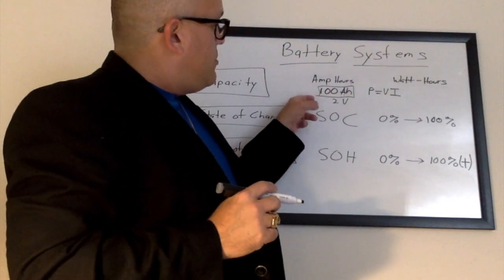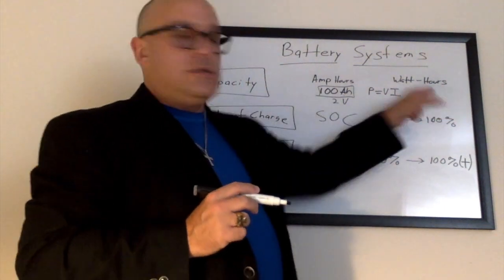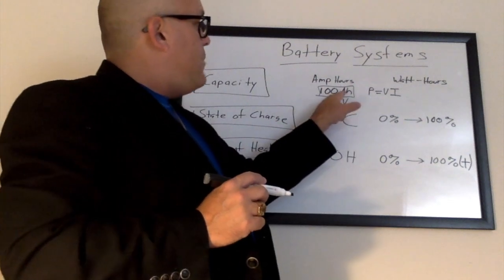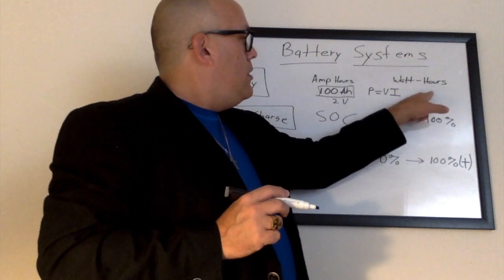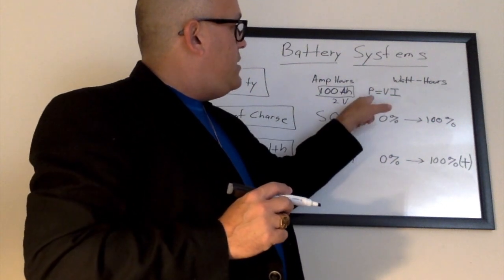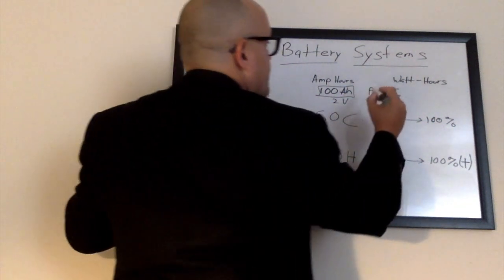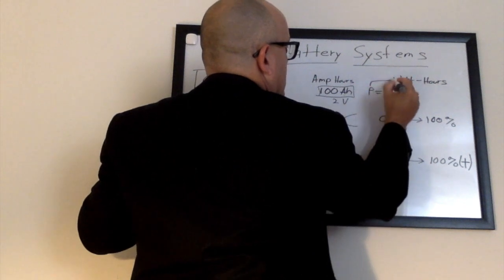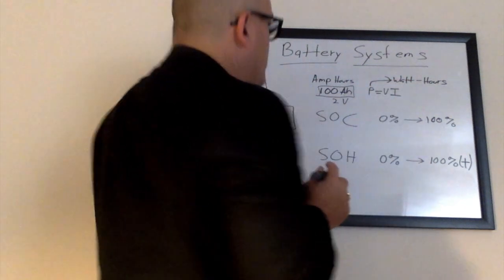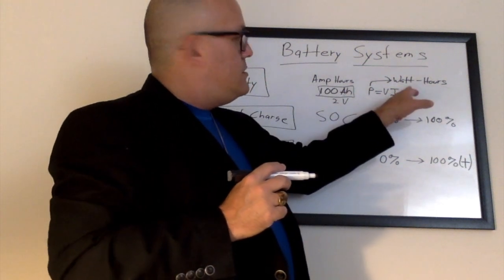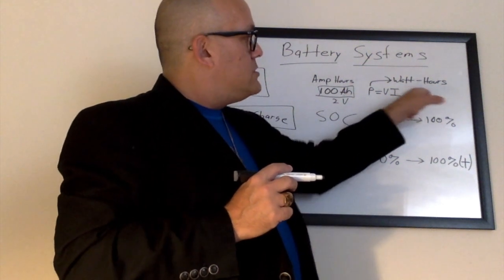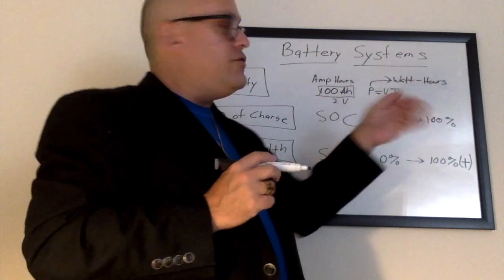So with these two numbers, to convert to watt hours, we already have amp hours, so we already took care of hours, the time. What we need to get to is P for watt hours. So we need to make sure the equation is plugged into the VI to give us watts, and the hours in the watt hours equation for calculation of energy, right?